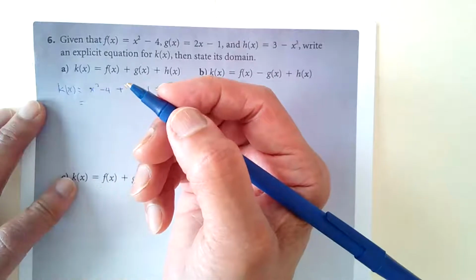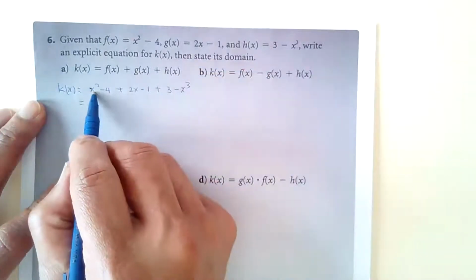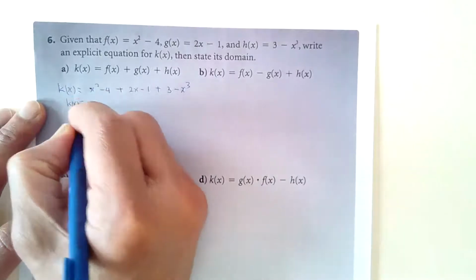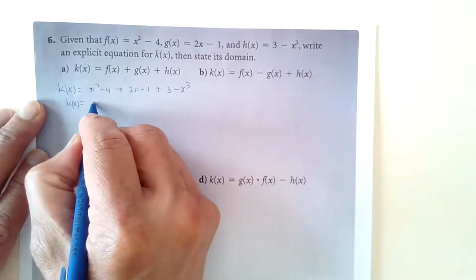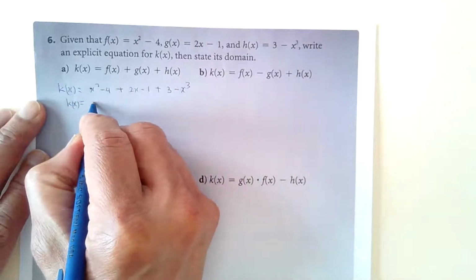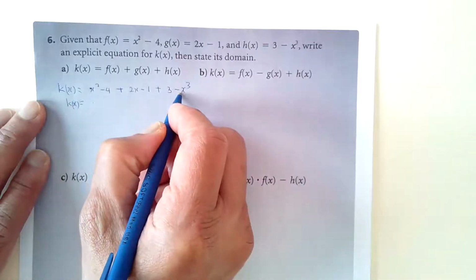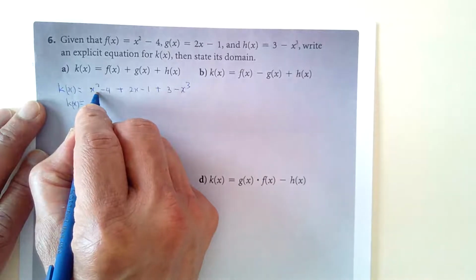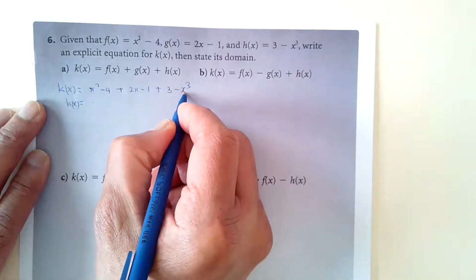Combining like terms, we have x squared. Sorry, that's the only one x squared we have, but we have a negative x cubed.